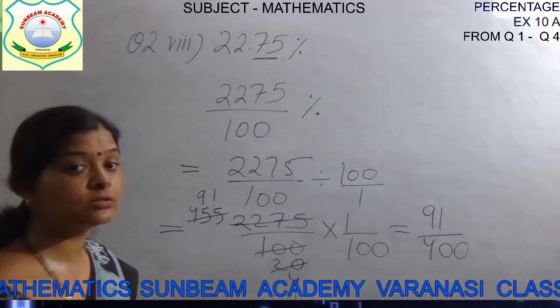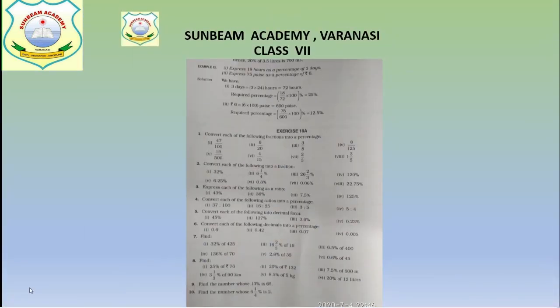Next is question number 3. Question number 3 is: express each of the following as a ratio. Now if the percentage value is given to us and we have to convert the percentage into a ratio, what do we do, children?